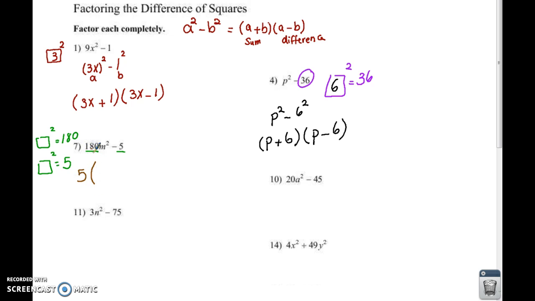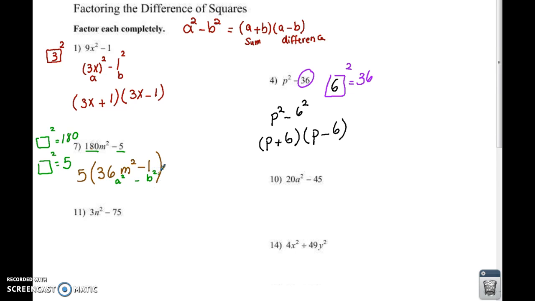180 divided by 5 is 36 m squared minus 1. Oh, that's awesome. Look at that. So we factor the 5. So the 5 can just be outside of the parentheses. You have 36m squared minus 1. Can I make this in the form of a squared minus b squared?